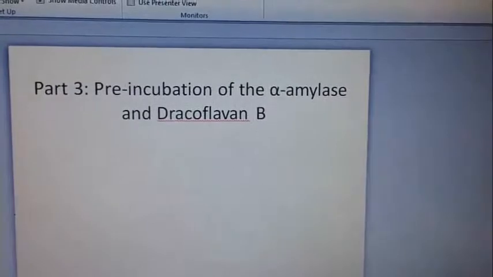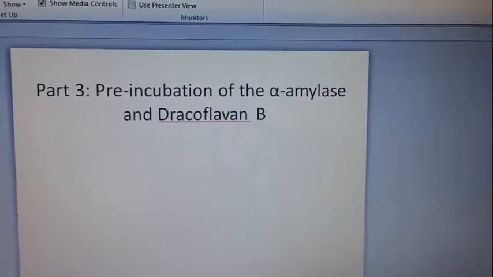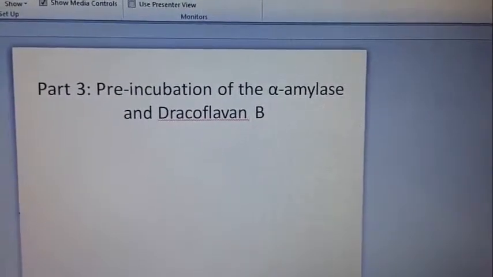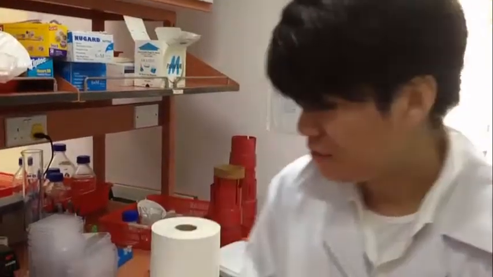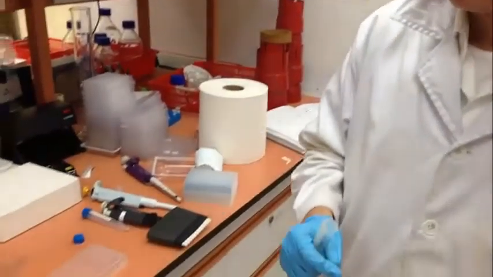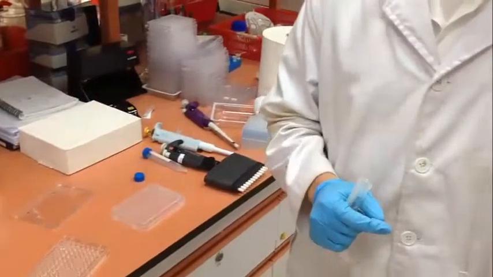Part 3 of the presentation, which is to pre-incubate the alpha amylase enzyme with the Dracoflavan B. The next stage of my experiment is to add the alpha amylase to my Dracoflavan B. How to add? We first dilute 0.2 ml amylase solution into 3.8 ml phosphate buffer.